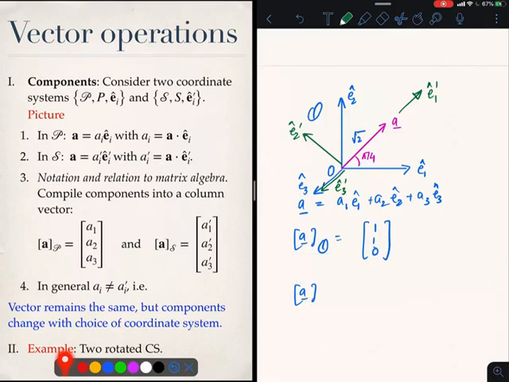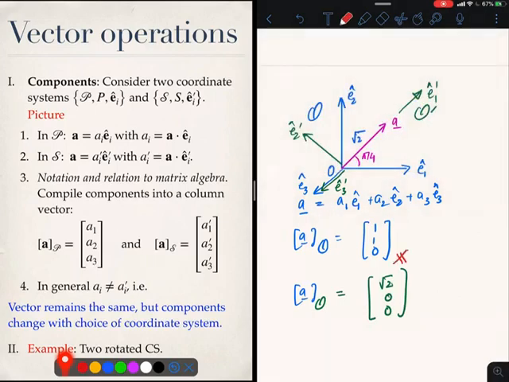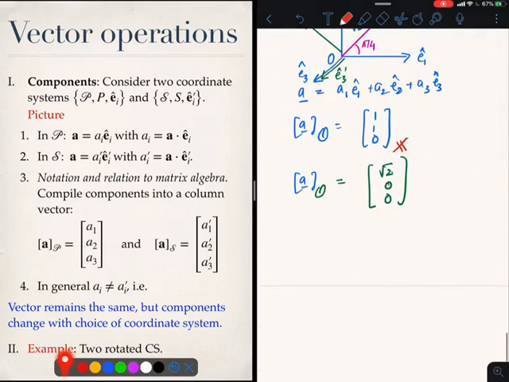And so this new coordinate system will be O prime. Okay, so what will be A in O? Well, that will be root 2 0 0, and these two are not equal. Okay, so that's the example. Oh, I made a mistake. This should have been O prime. Okay, all right, last slide.